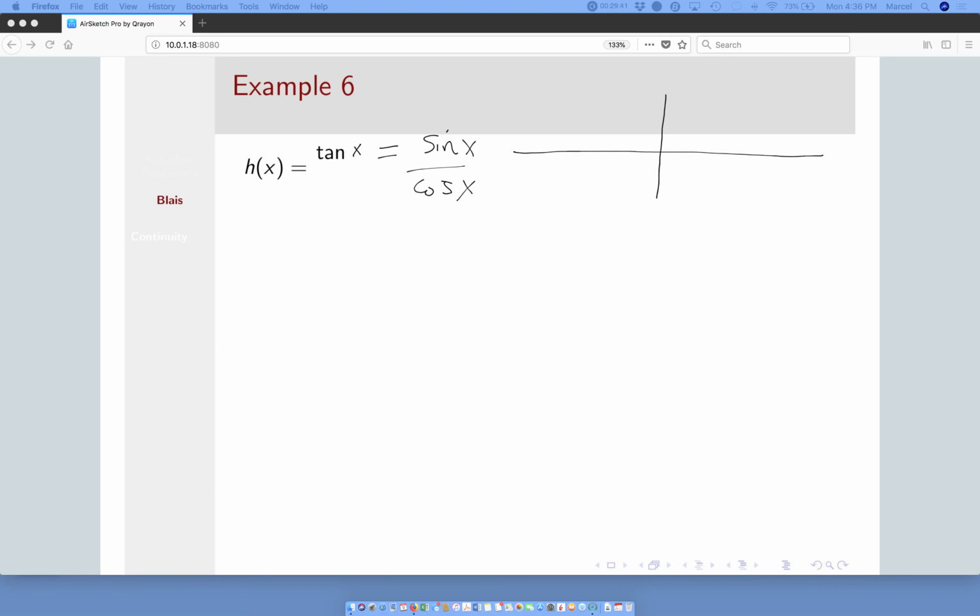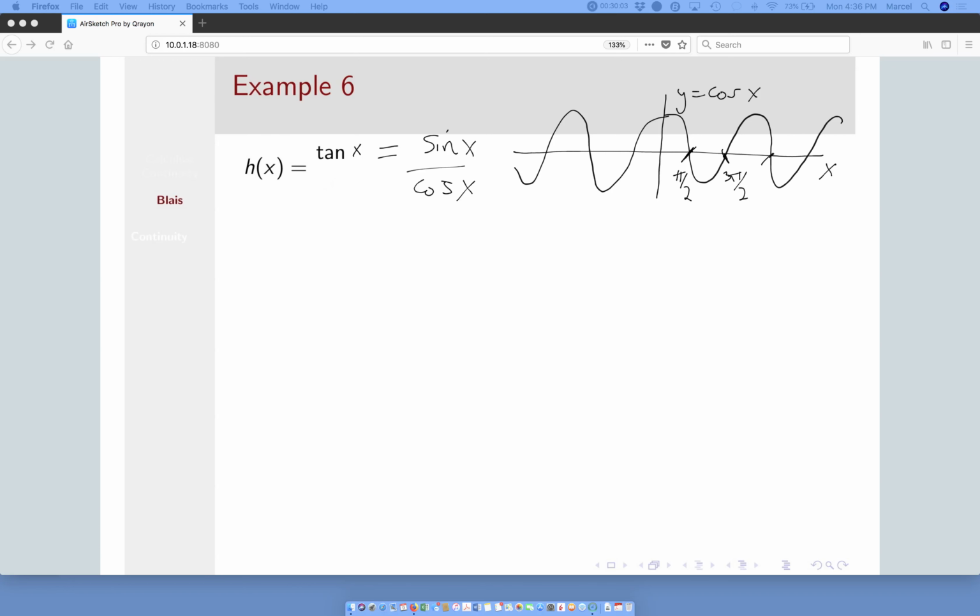So remember, cosine will look like this. And let's remember where the zeros of cosine are. The first 0 is here at pi over 2. The second 0 is at 3 pi over 2.